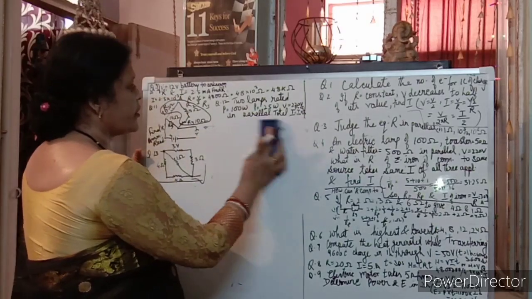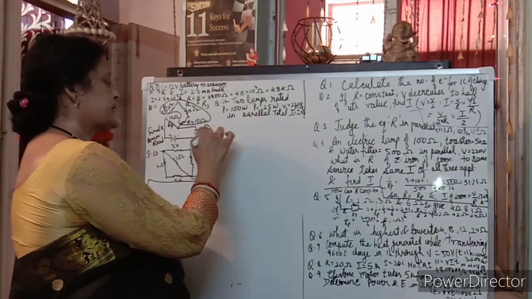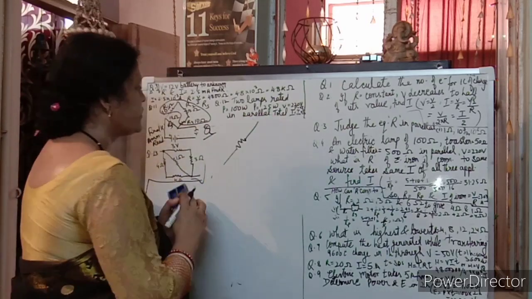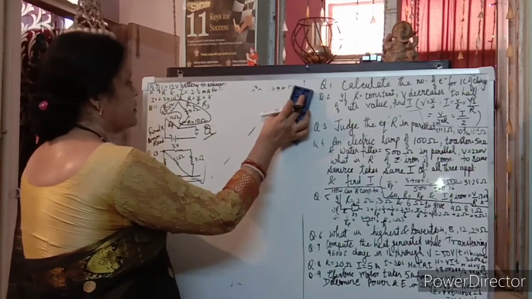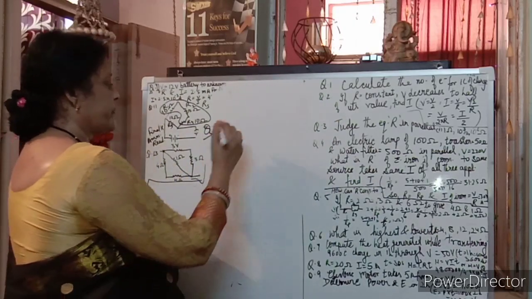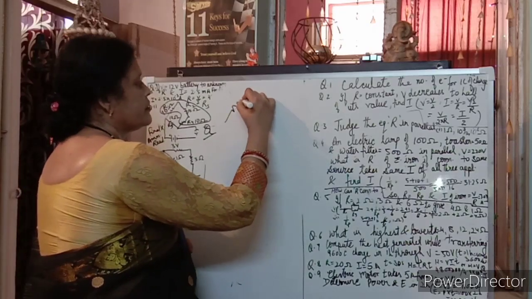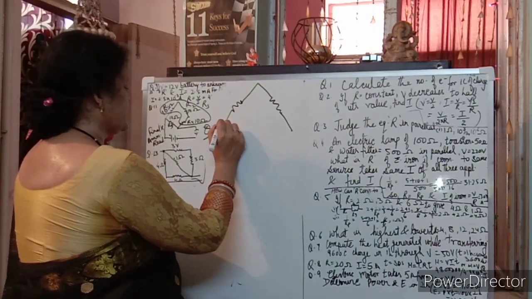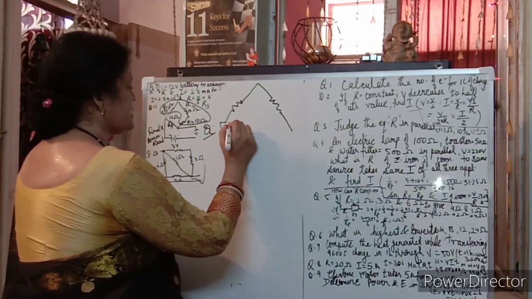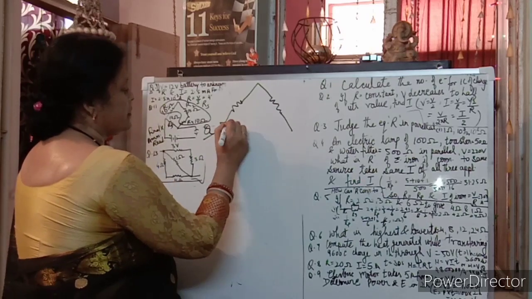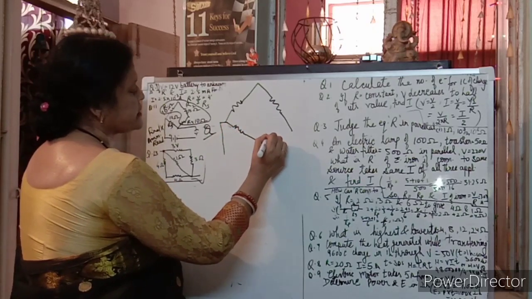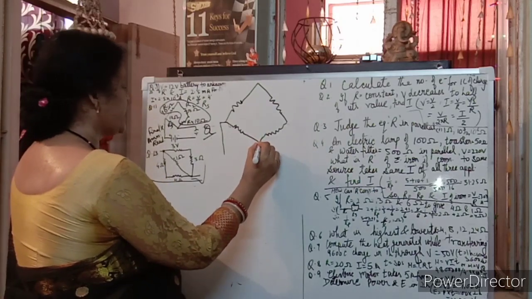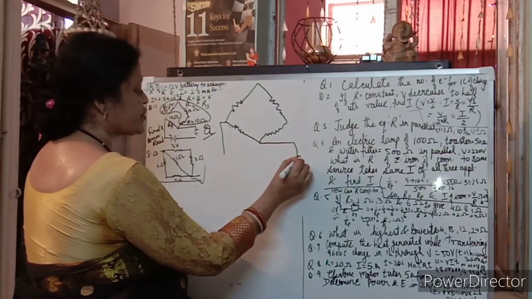Now suppose I am talking about resistance, in series and parallel. Suppose this is the example given. Suppose this is the circuit, and this is one resistance connected, and from here, this is the switch.